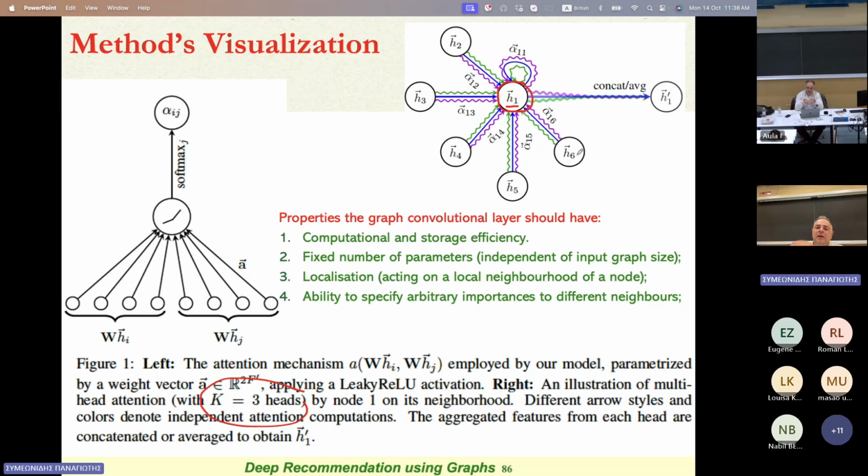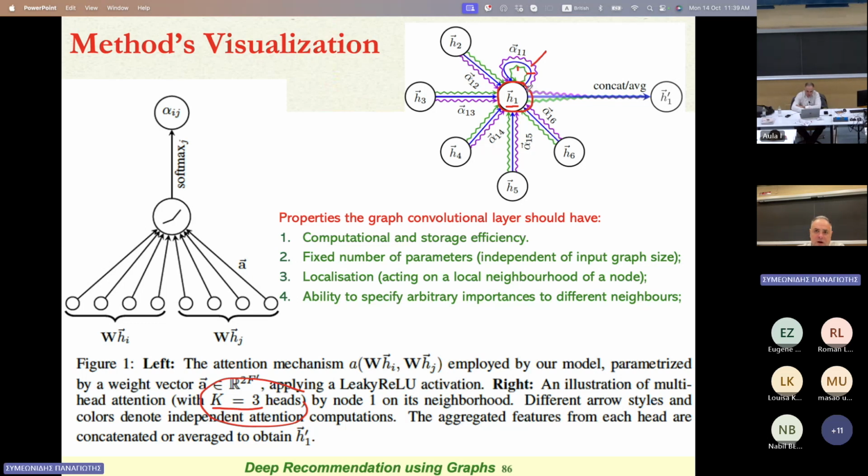When we call it multi-head attention, it means that we run this 3 times. So this says K equal to 3 heads. So we run it 3 times, and we compute 3 different weights for every link. Okay. So this is the idea of multi-head.